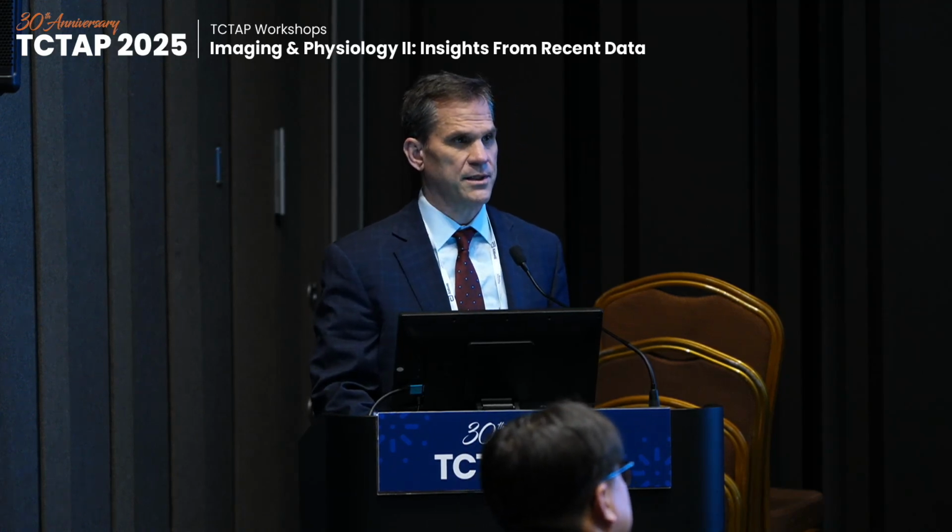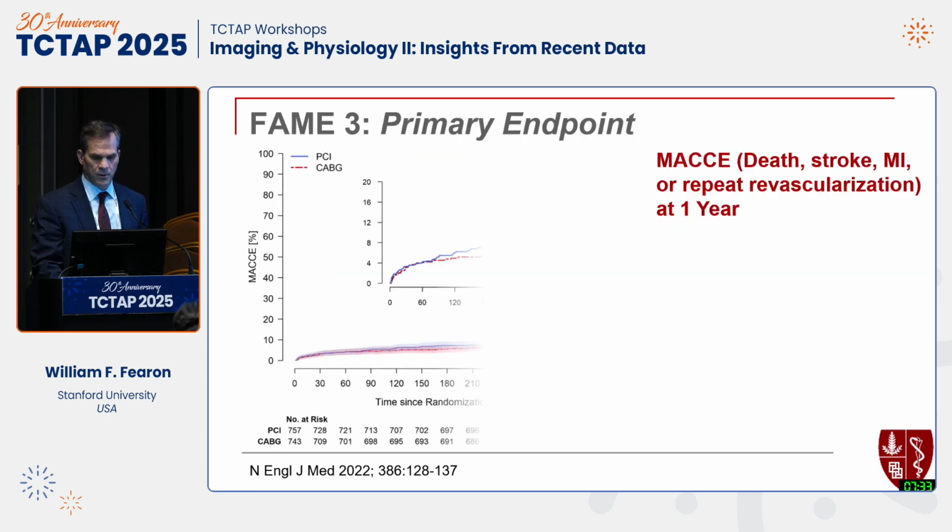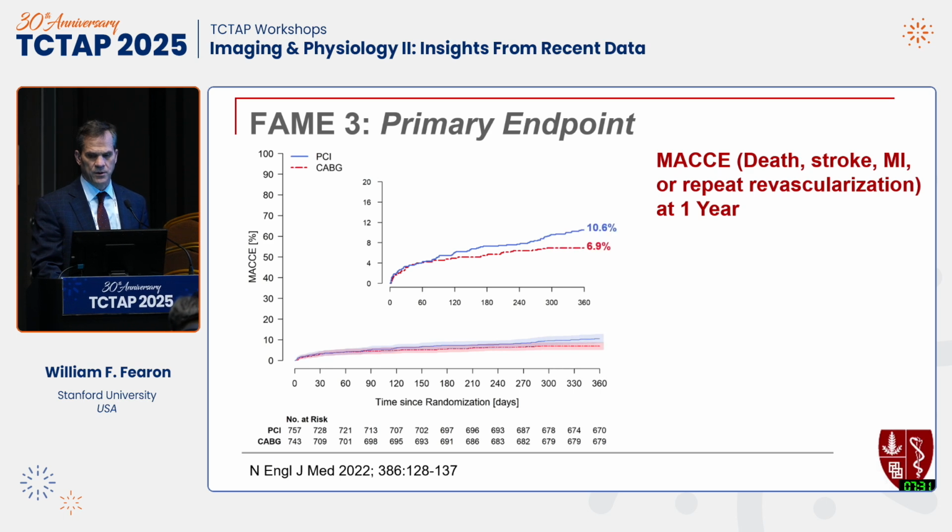Just as a reminder, for those who aren't familiar, FAME3 is a study comparing patients with 3-vessel disease not involving the left main, FFR-guided PCI with current generation DES versus CABG. Many of you are probably aware of the primary endpoint, which was the composite of death, stroke, MI, or repeat revascularization at 1 year. PCI did not meet the criterion for non-inferiority, as you see here.